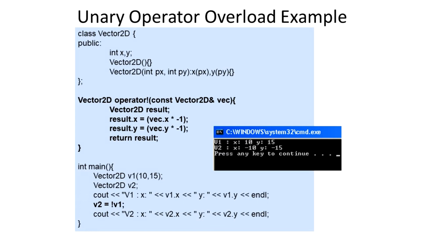In the main, you can see that we've defined v1 as a vector, which has two coordinates, positive 10 and 15, and then we output them with a cout statement, but then we call the overloaded operator, and on the right-hand side, we've put v1 there, and then that will call the overloaded operator method and pass in the reference v1, and then it times the x and y values, which are positive 10 and 15, by -1 to result in -10 and -15, and then passes them back, and then back in main, we assign those values to v2, and then output them as a cout statement below there.